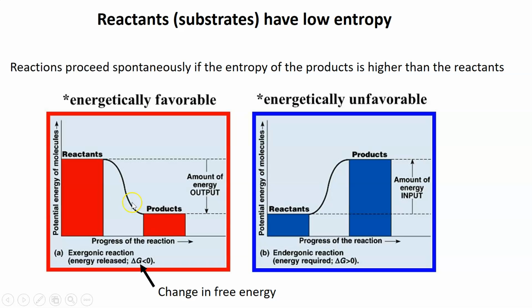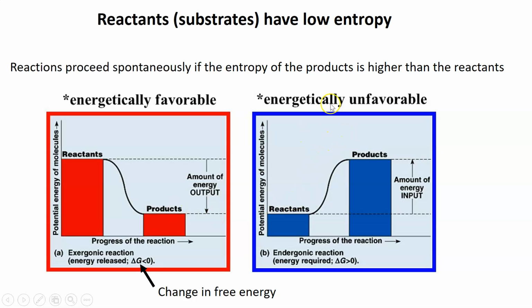That energy has been converted to some other form, maybe heat. Now, if the reaction is favorable, we need this situation here, where the products have lower free energy than the reactants. Then it becomes favorable, then it becomes spontaneous. Maybe you still have to give it a little bit of a push, but once you've given that initial push, then you get the reaction.